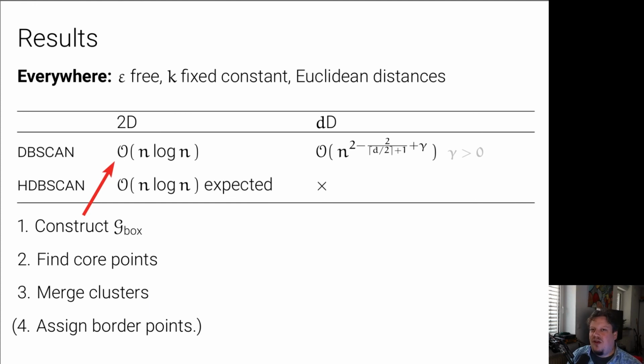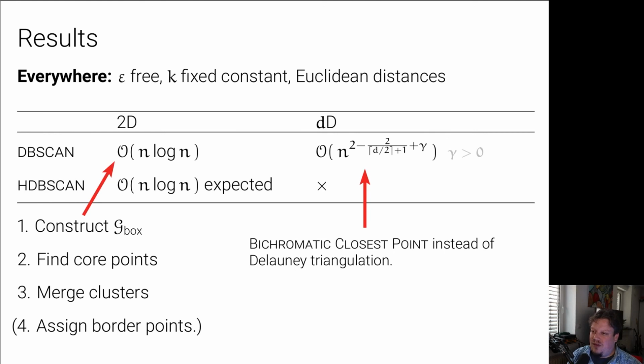This Delaunay triangulation argument falls down in higher dimensions, but we still need to somehow figure out which crowded boxes are connected to which other crowded boxes, and there we fall back to a known argument for bichromatic closest point. And there's a known algorithm by Agarwal, Edelsbrunner, and Schwarzkopf from '91 that solves it in this runtime where, well, it actually says there exists an algorithm for any gamma strictly larger than 0 that has this runtime.